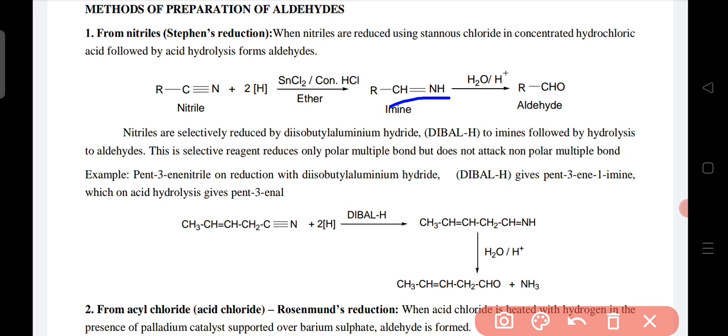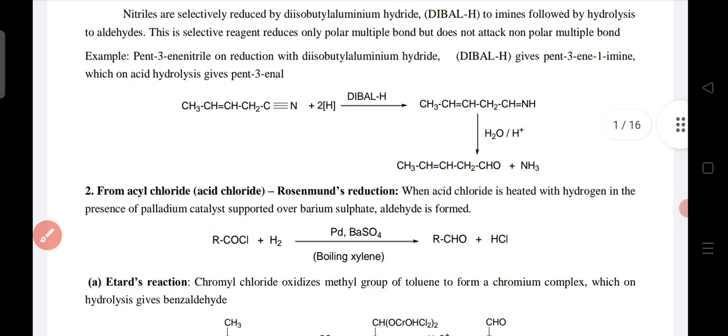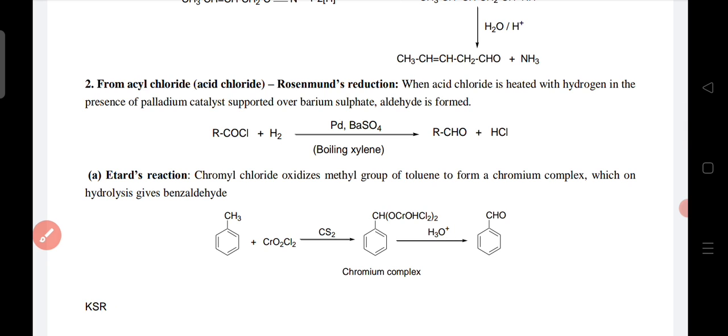In the example you can see, pent-3-enenitrile is converted to pent-3-enal, so we are not at all disturbing the C double bond C; it is retained in the product. So Stephen's reduction converts nitriles by reducing them using stannous chloride in concentrated HCl, followed by acid hydrolysis, to form aldehydes.